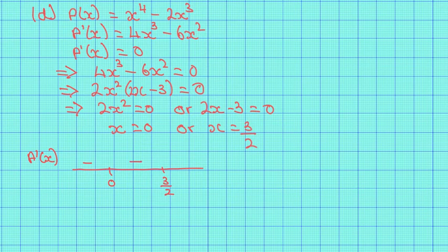And then we need something above 1.5, so we'll do 2. So 4 times 2 cubed, so 2 cubed is 8, times 4 is 32, minus 6 times 4, so that is 8, so that is positive. So we have negative, 0, negative, so that's point of inflection.